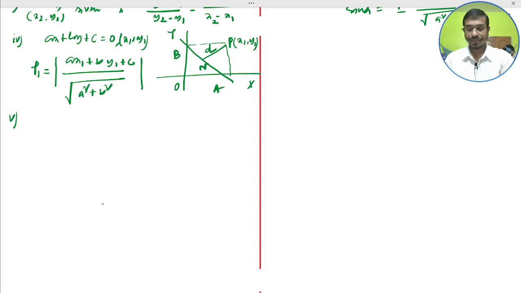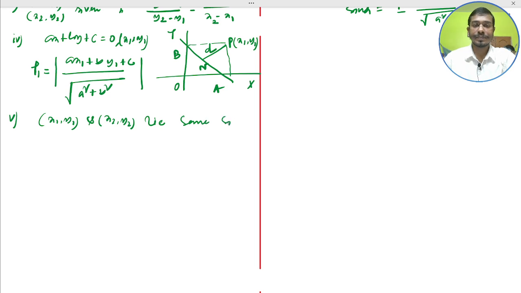Next, points x1 y1 and x2 y2 lie on the same side of the line.